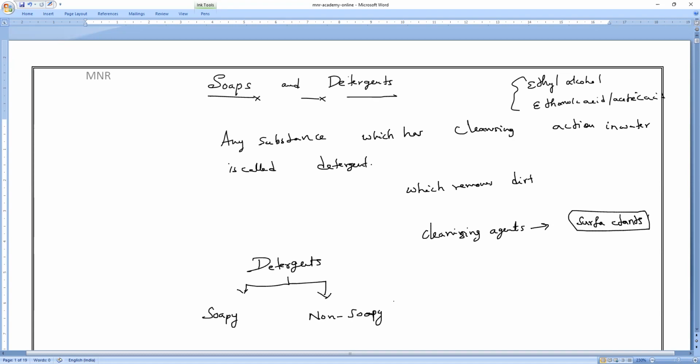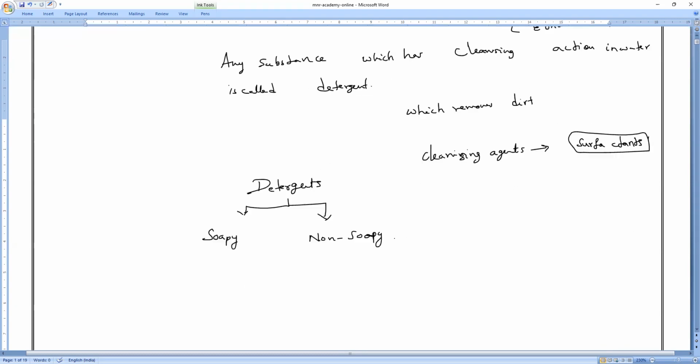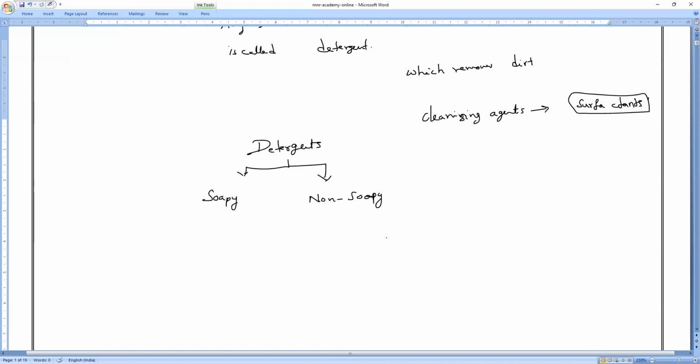non-soapy detergents. Soapy detergents, in our daily language, we call simply soaps. And non-soapy detergents, we call synthetic detergents, or simply detergents.